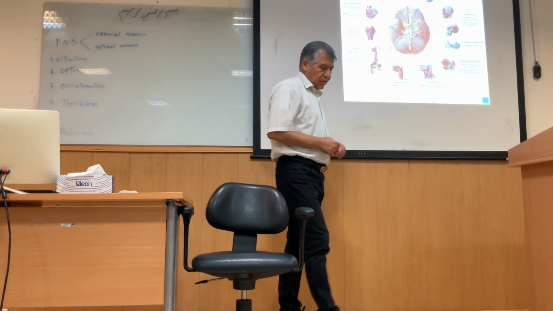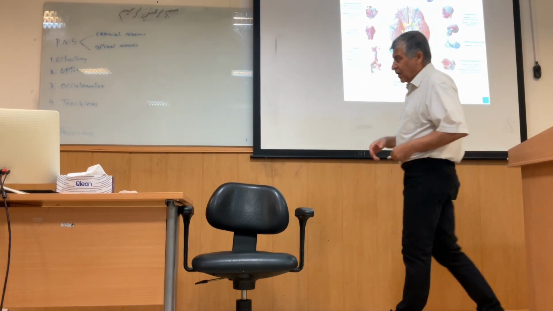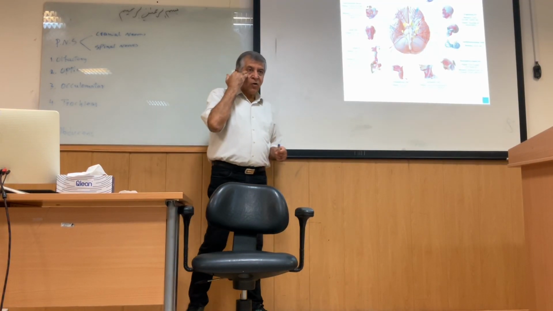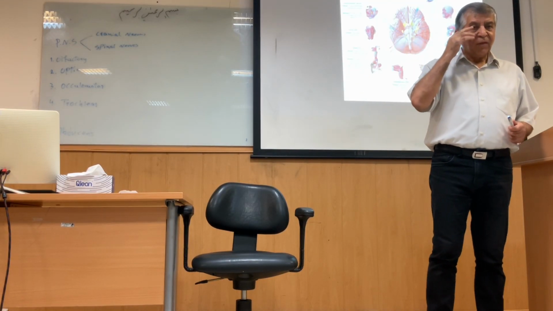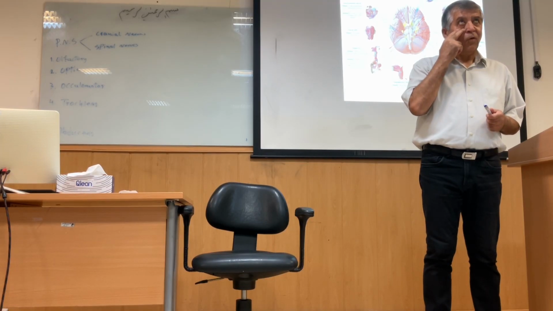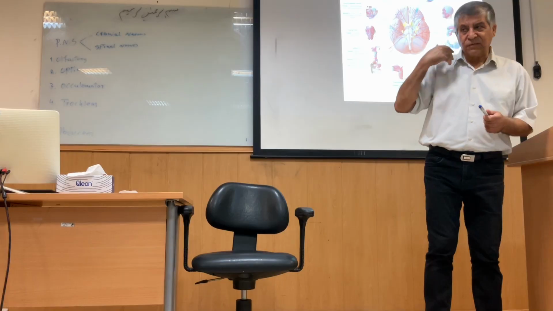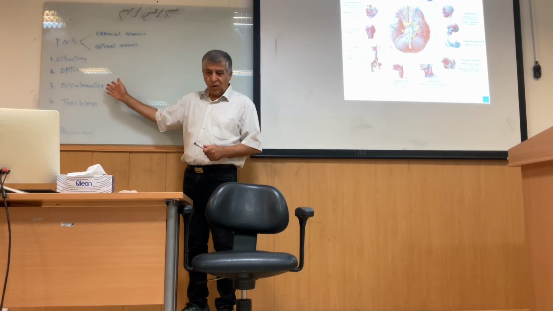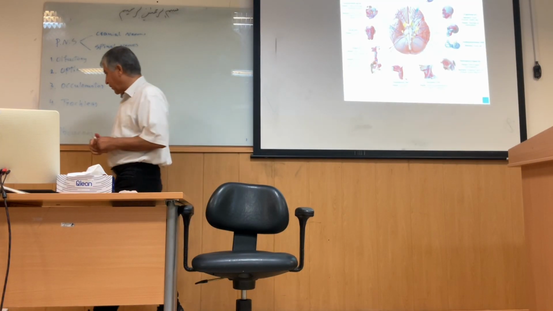Oculomotor 3, trochlear 4, 6 abducens. These nerves innervate extraocular muscles. For example, my eyeball is moved toward above, below, lateral, medial. Okay? All of these muscles are innervated by three nerves: oculomotor, trochlear, and abducens.